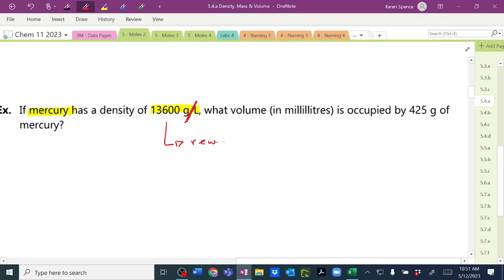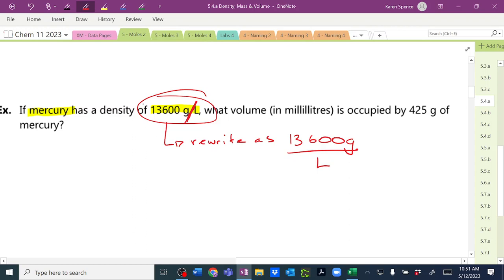You should be rewriting it as 13,600 grams per liter, okay? Because that way it looks like a conversion factor. This way, it doesn't really look like a conversion factor.